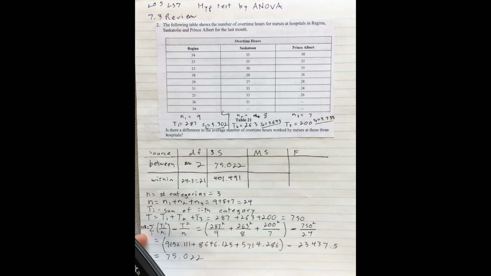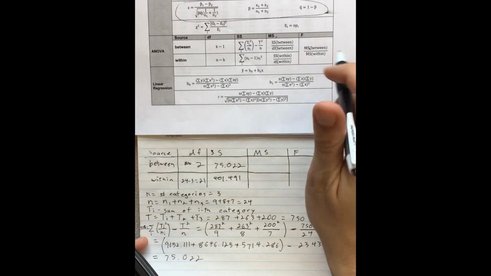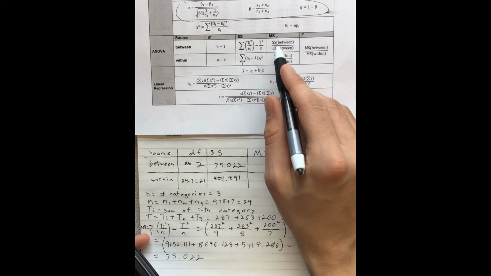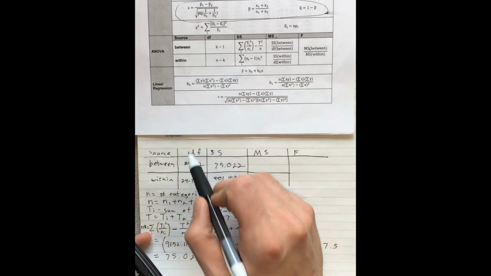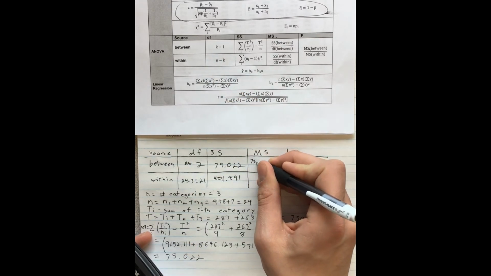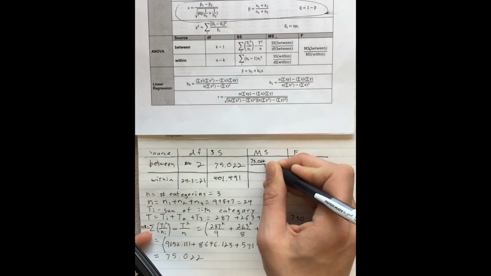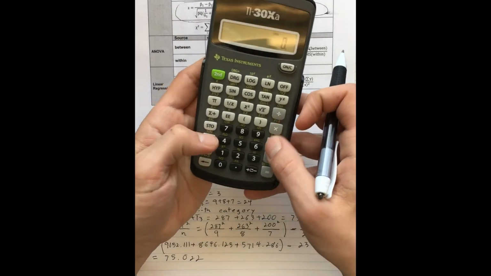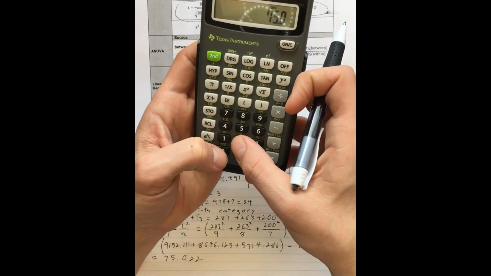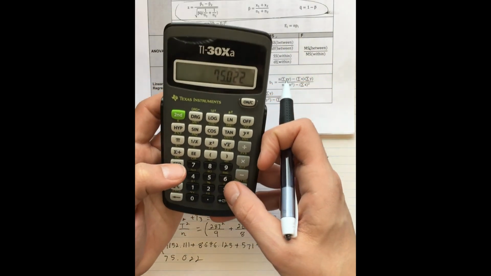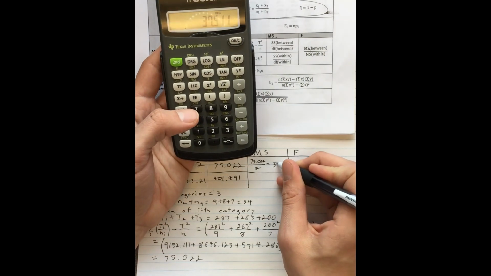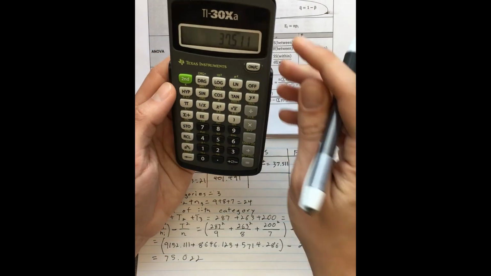So we put 401.491 over here. Now what we do is this MS term. This is SS between, the one I just computed, divided by df, which is 2. So this is 75.022 divided by 2, because I want this divided by this. And I get 37.511.